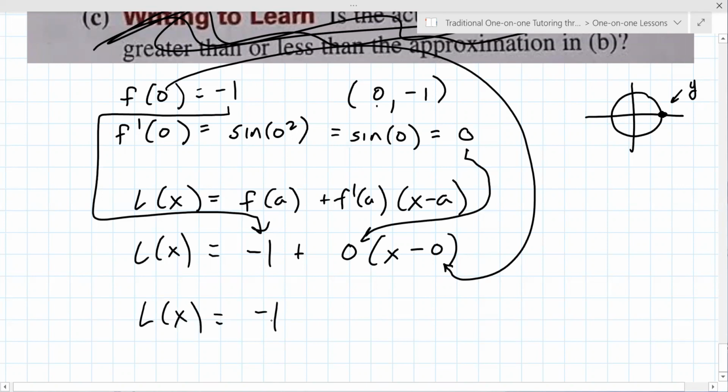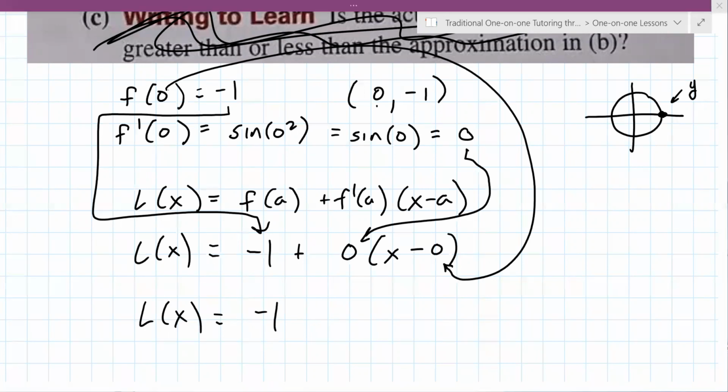Okay. So we don't know what the graph looks like, but at 0, it has a tangent line that's horizontal at -1. Okay. This is not a good example.